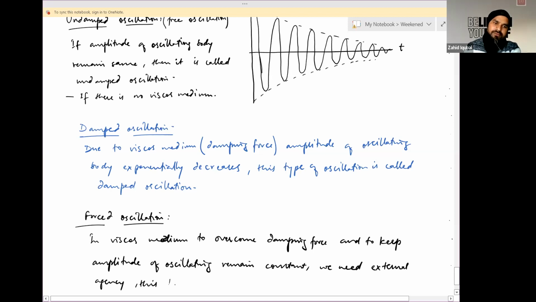This type of oscillation is called forced oscillation.